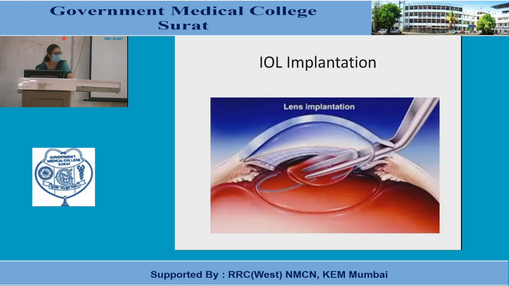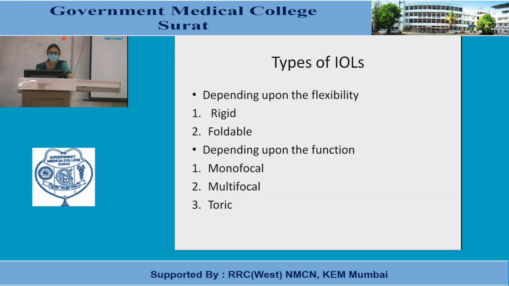Once you have dealt with your nucleus and cleared your cortex, the second thing is putting an intraocular lens. Different types of intraocular lens are available. The normal classification on the basis of flexibility is either a rigid lens or a foldable lens.